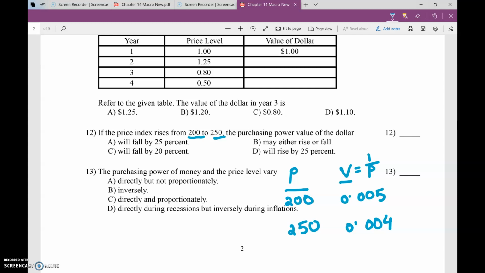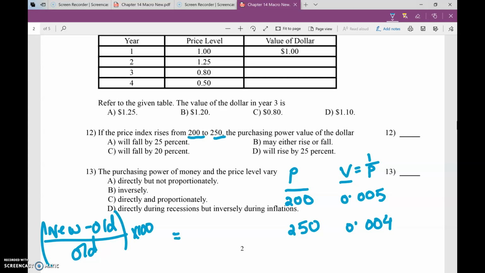Now to calculate the change in value, we just use the formula, which is the new minus old over old times 100.